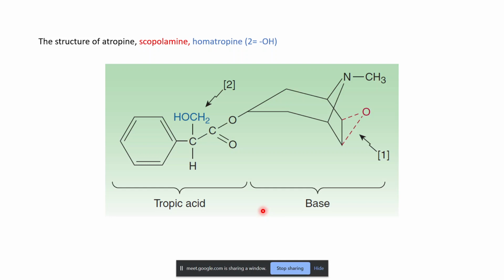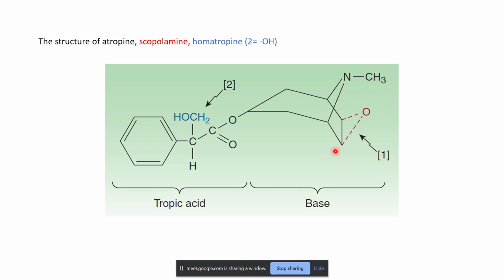The second type of alkaloid that is also very well known is scopolamine, and scopolamine has an additional oxygen here.